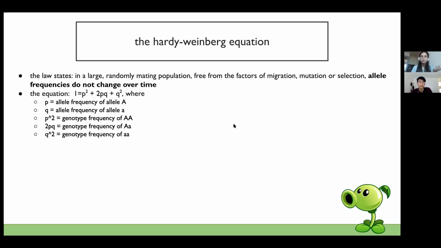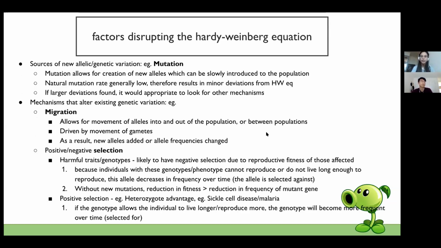So why would these change it? Basically, these are going to change the allele frequencies in a couple of different ways. Mutation allows for the development of new alleles. So if you introduce a new allele, that's going to change the frequency or the proportion of people in the population that have the previous alleles, right?